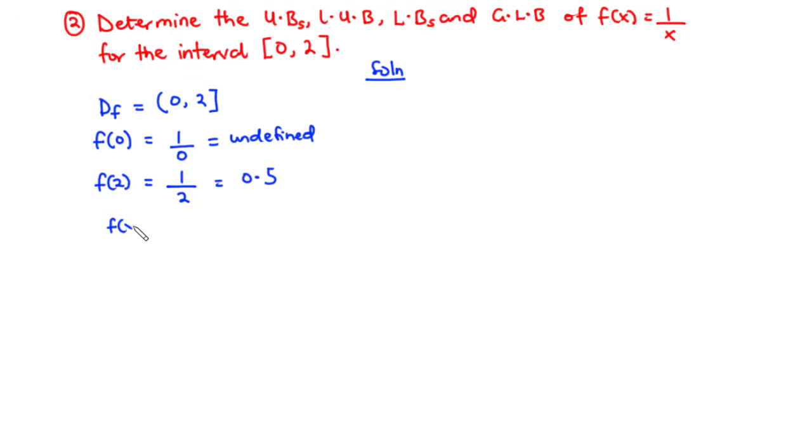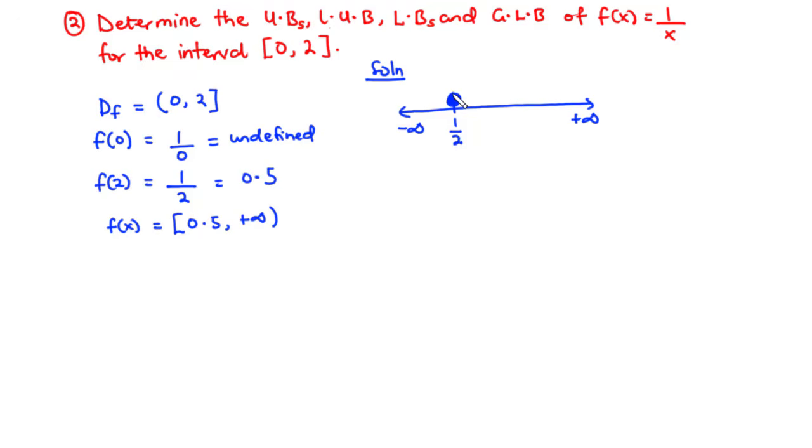So the range of this function, f of x, is the interval closed 0.5, comma, open plus infinity. Now let's represent this on the number line. So we have negative infinity, positive infinity, and then we have 1 over 2 here, and 1 over 2 is part of the set because we have a closed interval on the left.